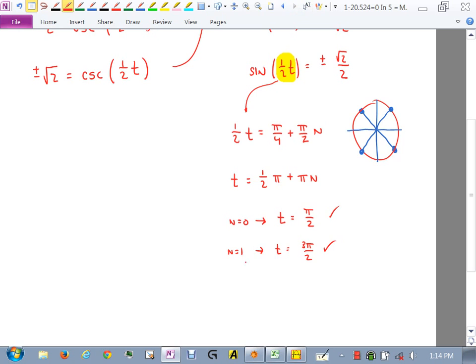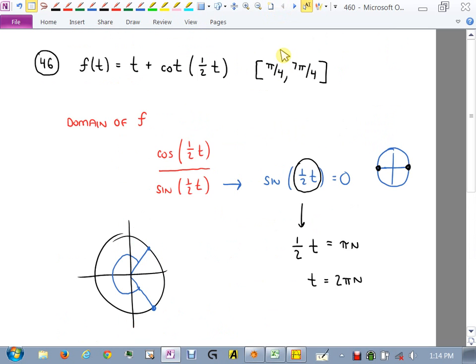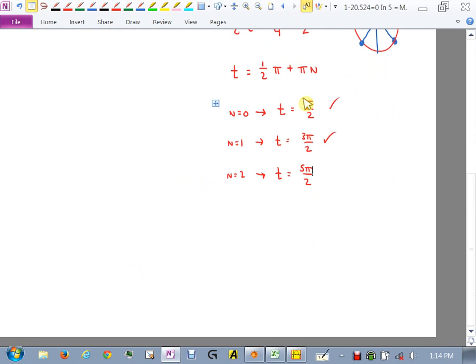If we let n be 2, you get t equals half pi plus 2 pi, which is 5 pi over 2. 5 pi over 2 is outside of 7 pi over 4. Or wait, was it 7 pi over 4? Yeah. So that's outside of that, so I can stop. There are 3 critical numbers. 3? No, 2. 2 critical numbers. Here they are. Pi over 2, 3 pi over 2.